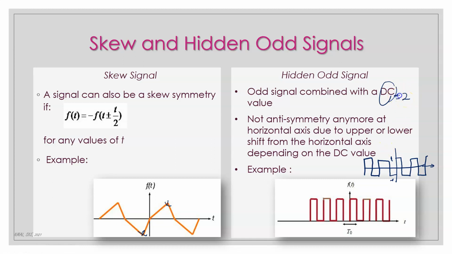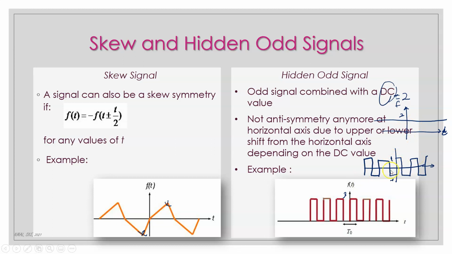So the new peak here would be 1 plus 2, which is 3. This is what we call an odd signal combined with a DC value. The DC value is just a flat signal, which has amplitude 2.